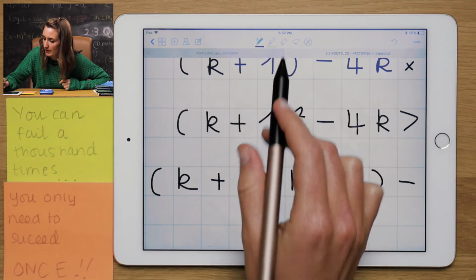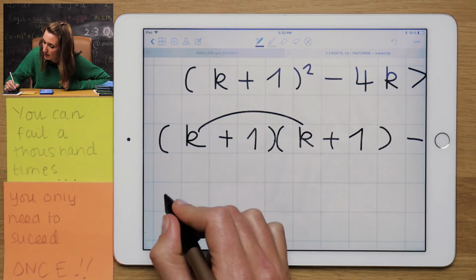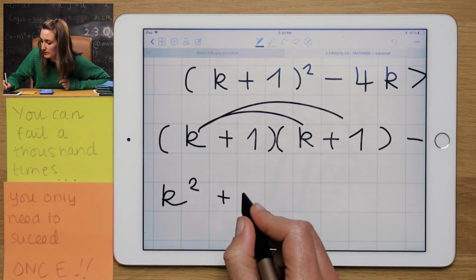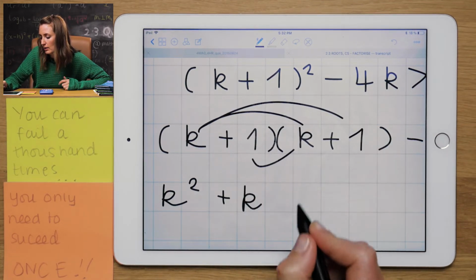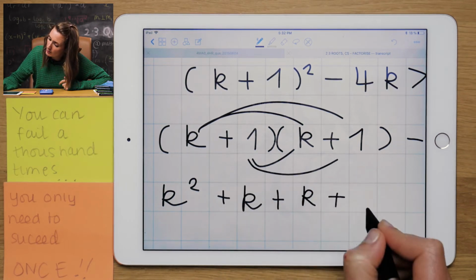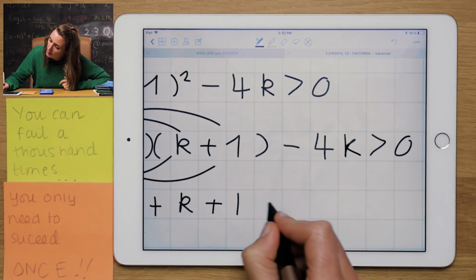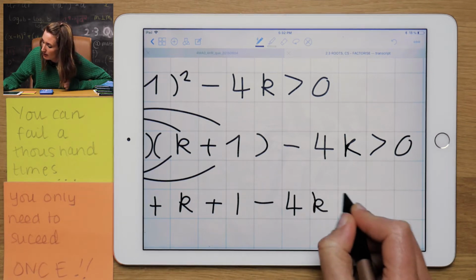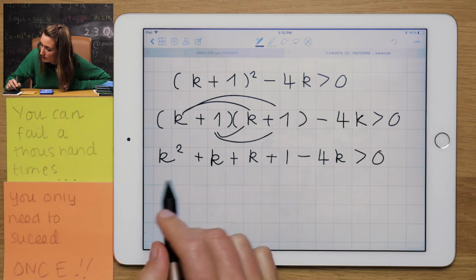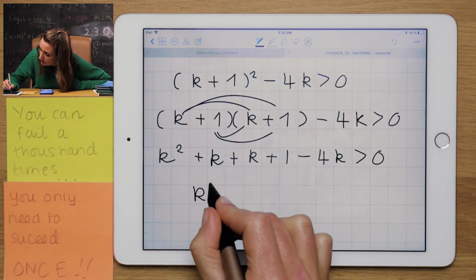So we're going to multiply that out. That will be k squared plus k times 1 is k, or 1k, plus k plus 1 times 1 is 1, minus 4k, bigger than 0. So it'll be k squared.